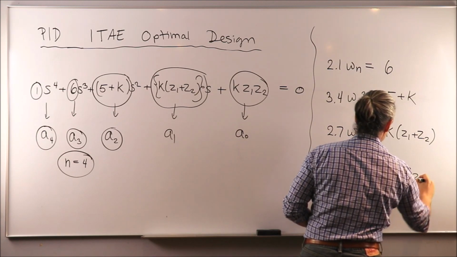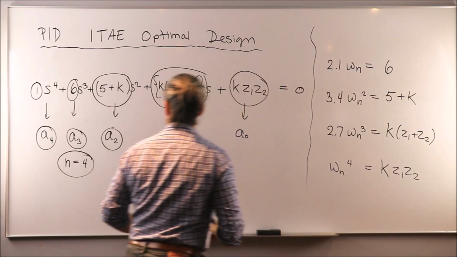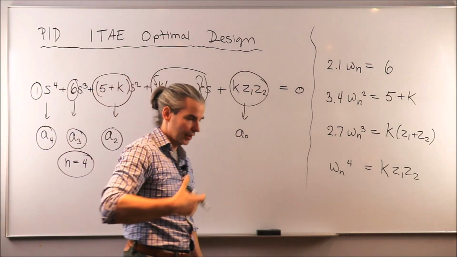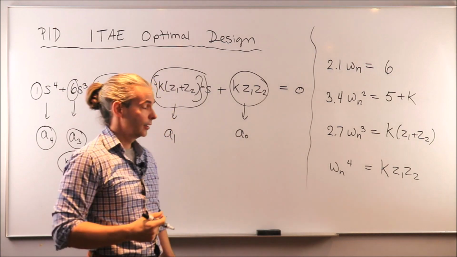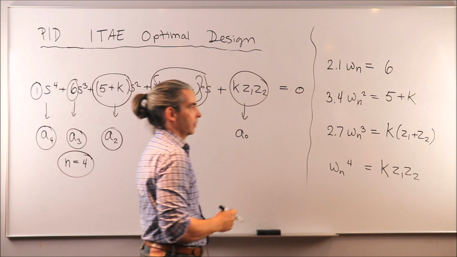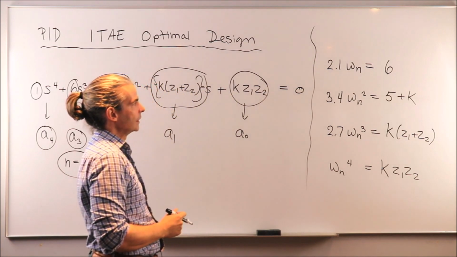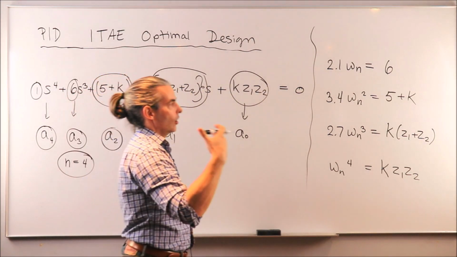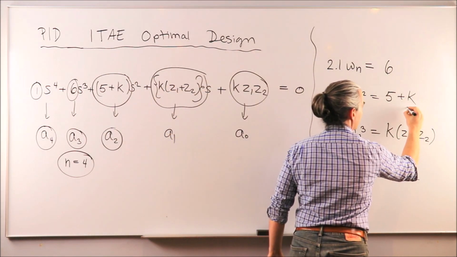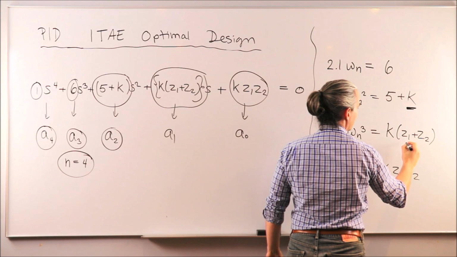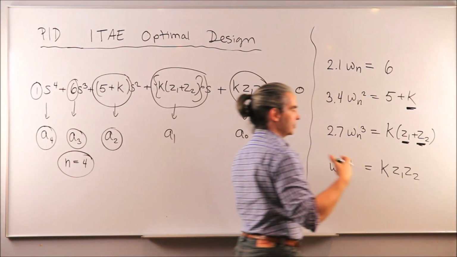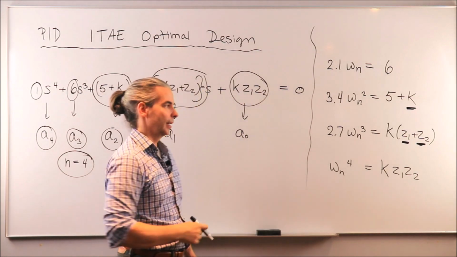z1, z2. And because we had order 4 for our closed-loop transfer function, or the order of the characteristic equation of that closed-loop transfer function, it means that we have 4 equations to play with. And the unknowns we're trying to solve for are simply k and the position of z1 as well as the position of z2, the two zeros provided by the PID controller.